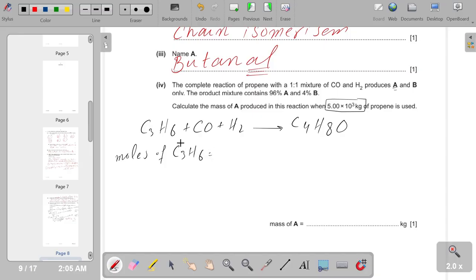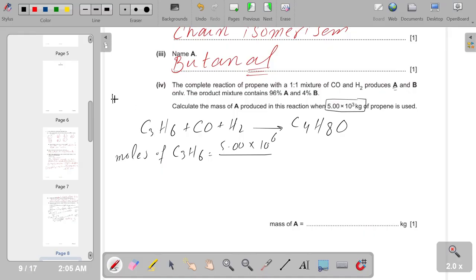What is the formula of moles? Mass over Mr. The mass is in kilograms, so I convert it: 5.00 × 10^6 grams divided by Mr of C3H6.